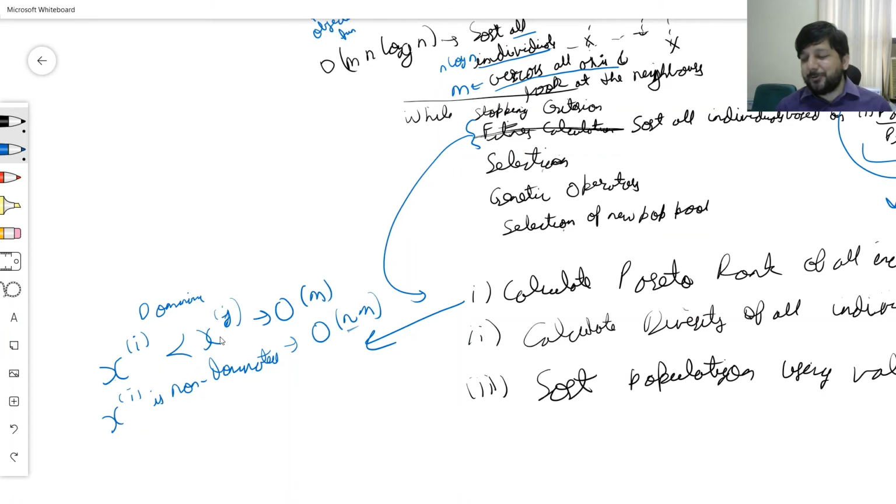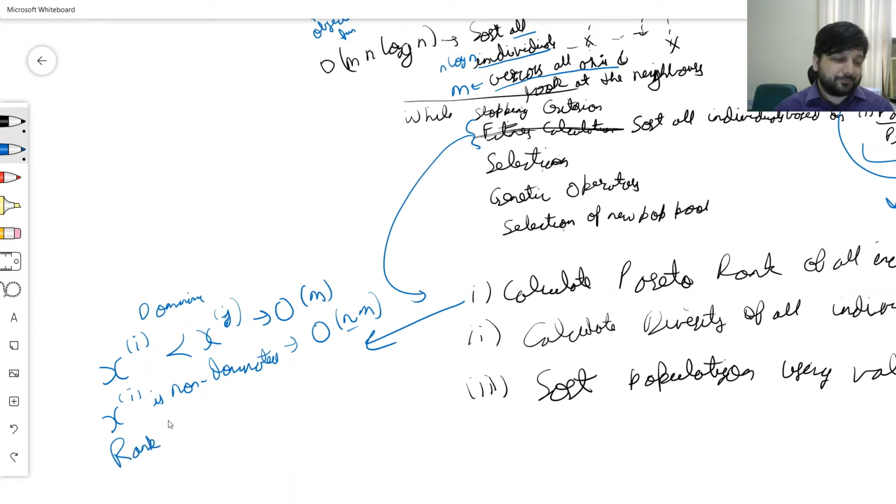Thereafter, I find out all the individuals which are non-dominated. They are rank 1, so I get all the individuals which together turn out to be rank 1.